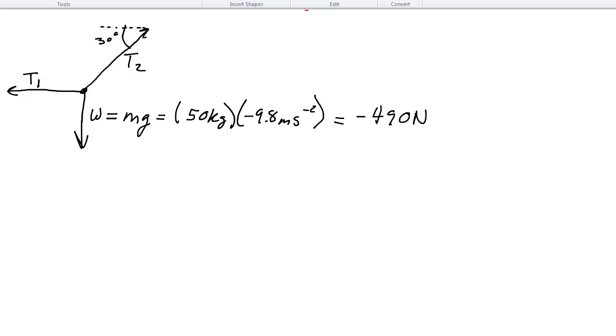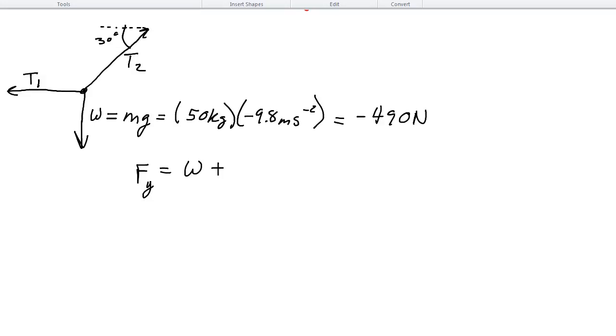And so I know in this case that the forces in the y direction, because this is in translational equilibrium, are equal to the weight plus the y component of the tensions. So let's see what y components of tension we have here. T1 is pointing in the x direction, it's not pointing in the y direction, so it has no y component. So I can just completely ignore T1 in this case.